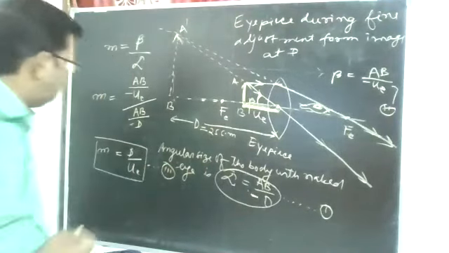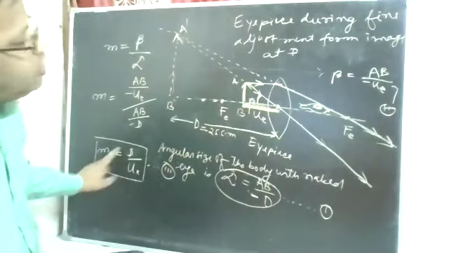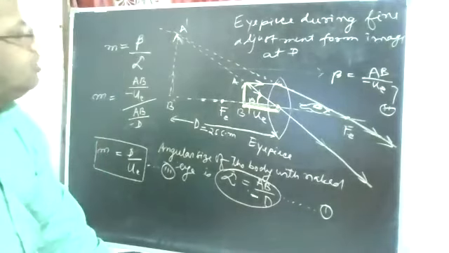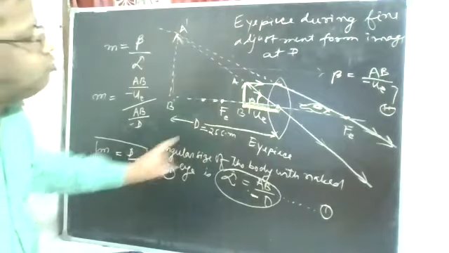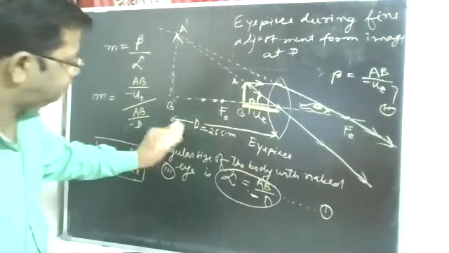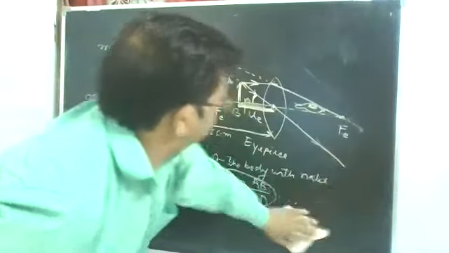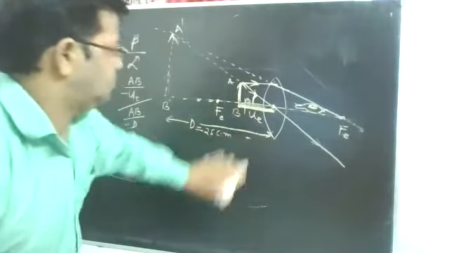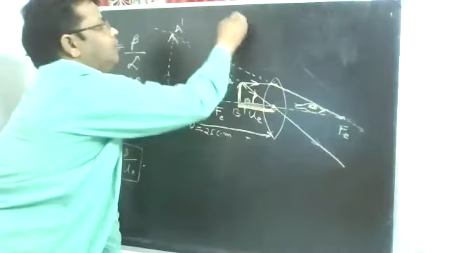Now you see here, because we have to represent the magnification in terms of the focal length, how the magnification is related with the focal length of the eyepiece, we have to use the lens formula. See here, what is the lens formula?